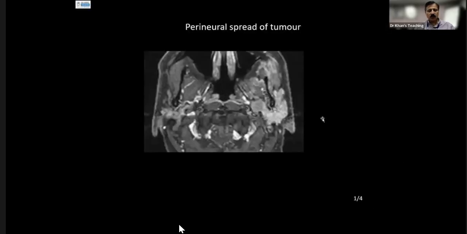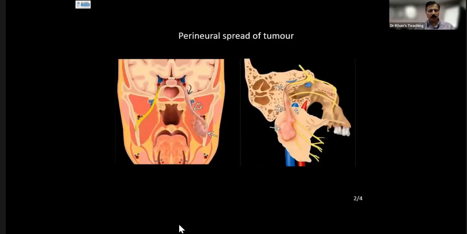So here, this is a parotid lesion, which I just wanted to highlight for the perineural spread of tumors in the parotid, and we have done this case when we did the temporal bone. I wanted to highlight it because in parotid lesions, particularly when there is a deep lobe lesion, like here, this was an adenoid cystic carcinoma of the deep lobe of the parotid, the concept is that the tumor can go through the facial nerve all the way into the internal auditory canal.